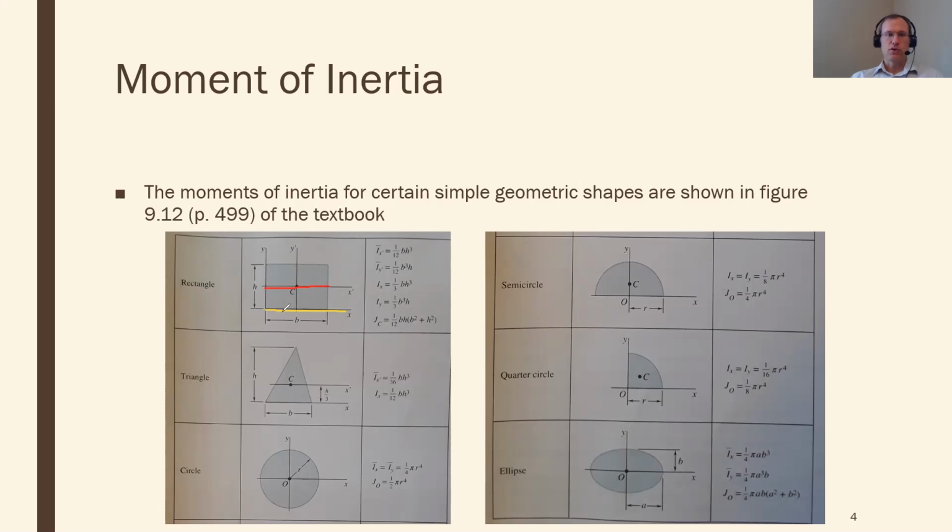And similarly for the y-axis, I have 1/3, this time base cubed times height, because again, my perpendicular distance is now the base when I'm dealing with the y-axis. So that's the distance I care about. So that one is the one that gets cubed. And similarly for my y prime axis, 1/12 for that one.